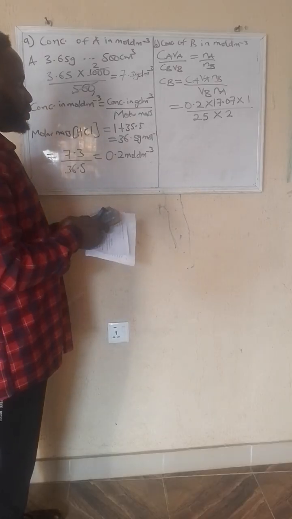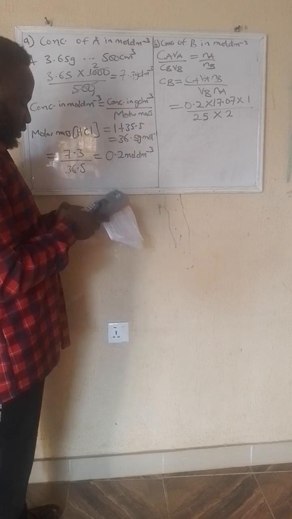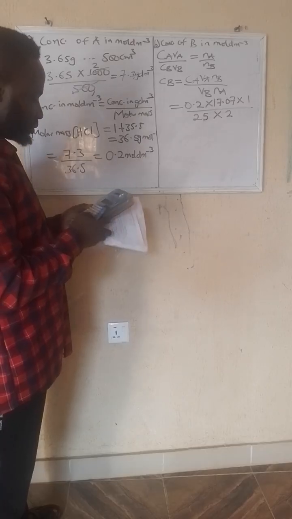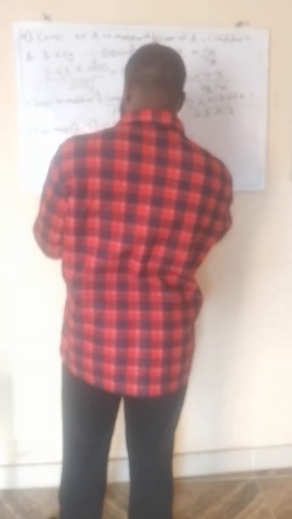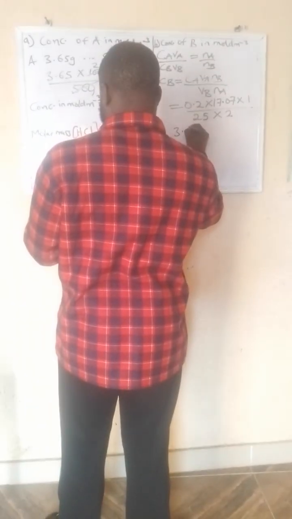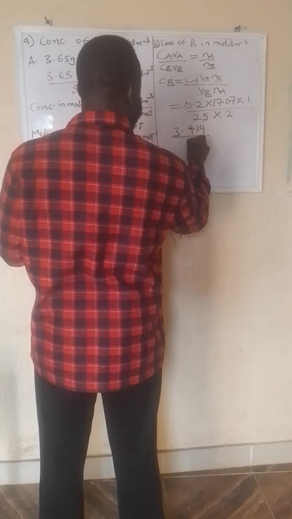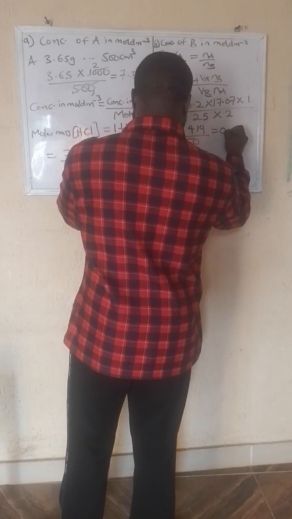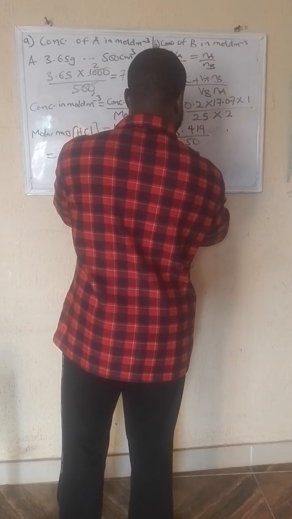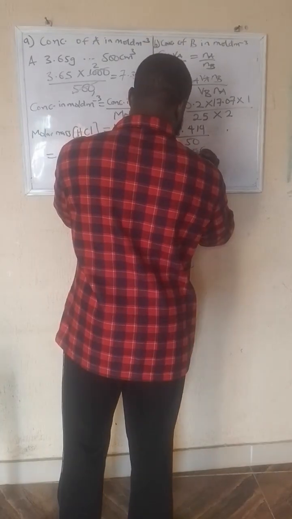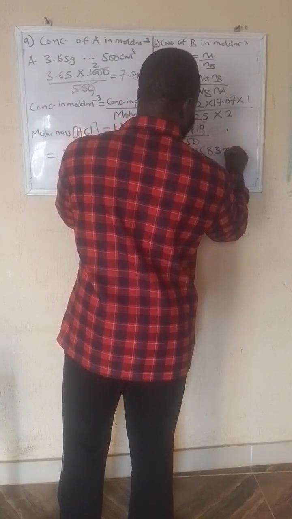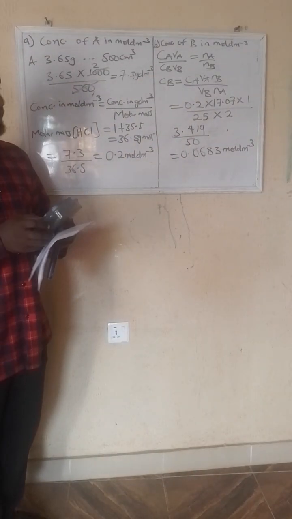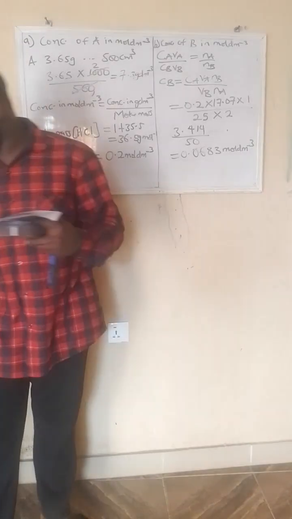So if I solve this, I'm going to have 0.2 multiplied by 17.07 multiplied by 1, which gives 3.414, divided by 50. I will have 0.0683 mole per dm cube. So that is the concentration of B in mole per dm cube.